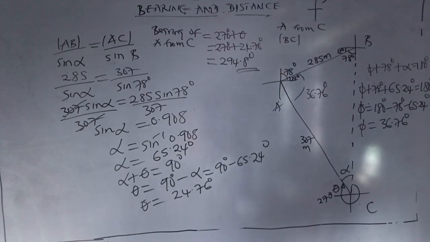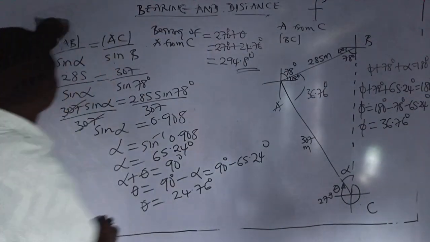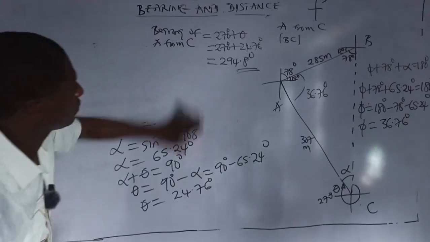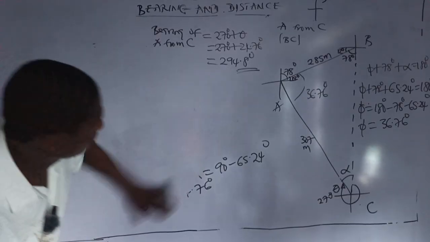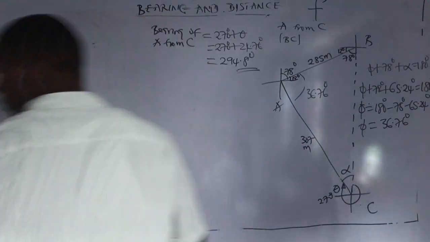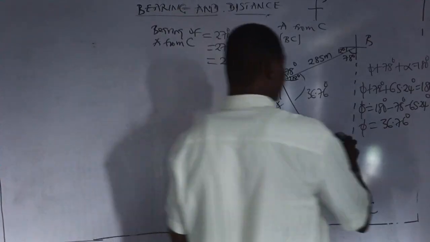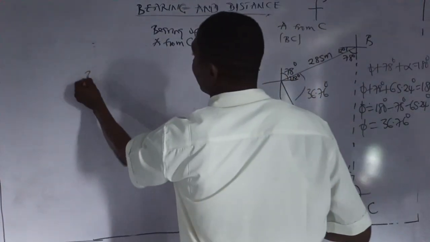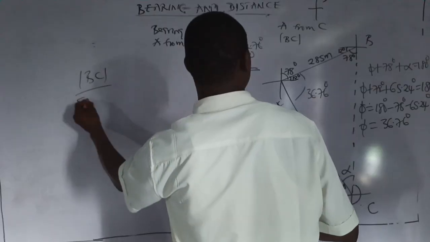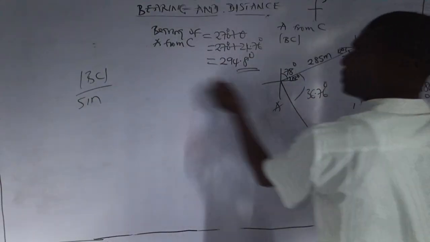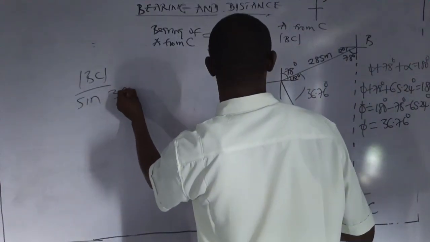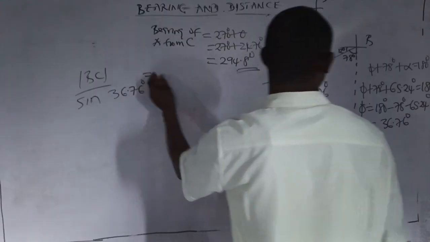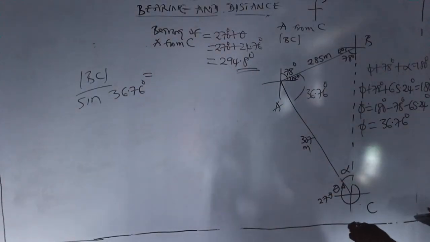So I've gotten that. I can therefore get my BC. Since this angle is known, this is my BC, remember. I'll have BC over sine the angle facing it, 36.76 degrees, equal to, which other side and angle do I know?